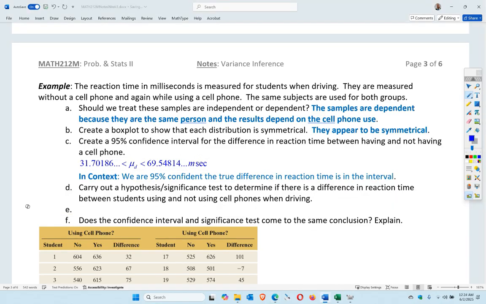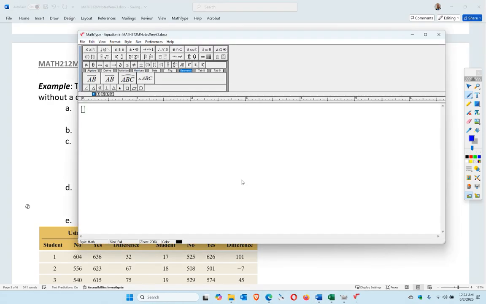Okay. So we'll just write the hypotheses. H sub 0: the population difference is equal to 0.